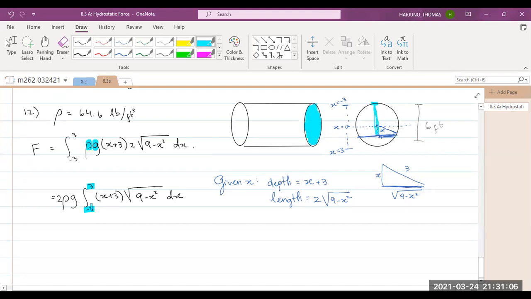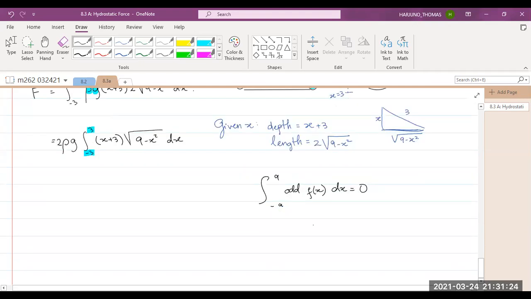Now, if you can get an odd function, the integral from negative a to a of an odd function is equal to 0. I mean, you can try the integral from negative pi to pi of x to the 5th minus 7x cubed plus maybe e to the 9x dx. You want to work hard?